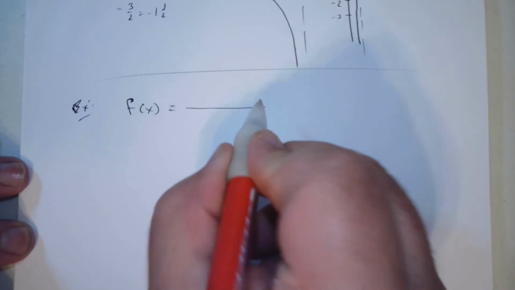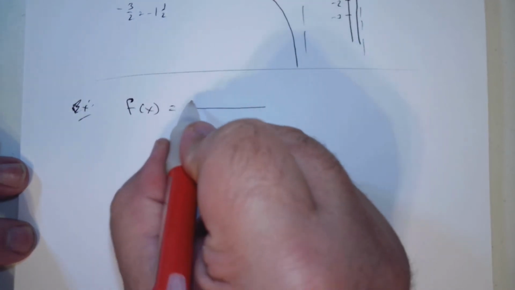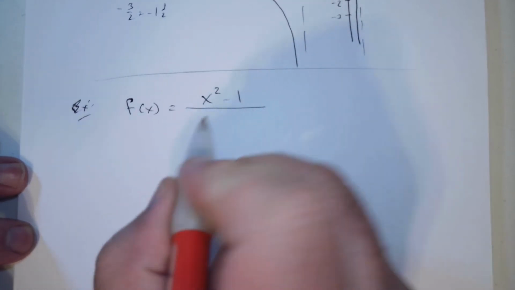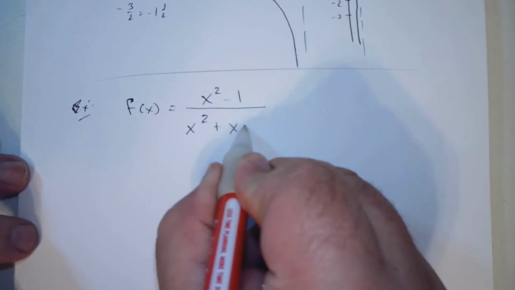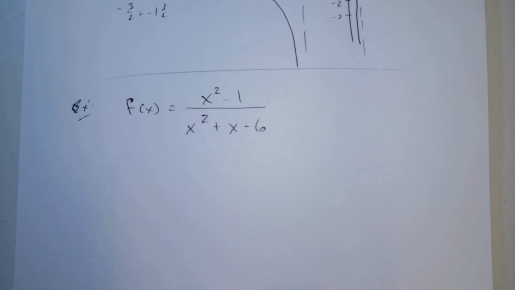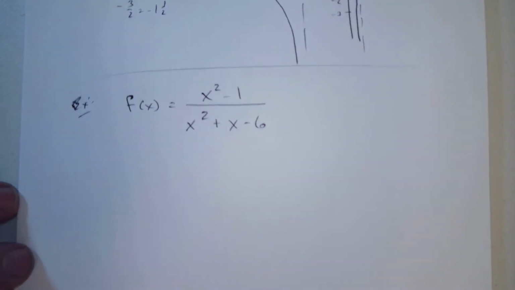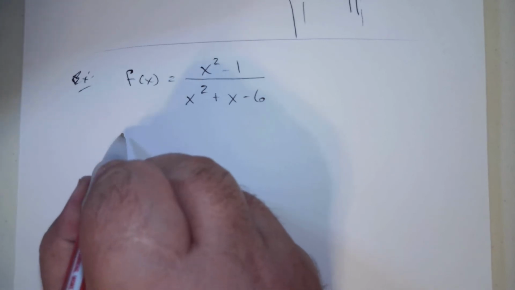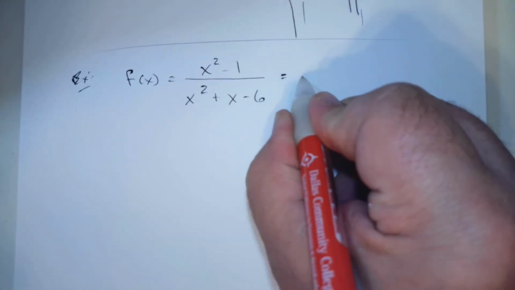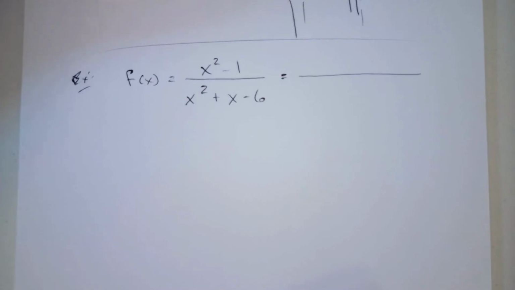f of x equals (x squared minus 1) over (x squared plus x minus 6). So the first thing I do is factor the top and bottom.